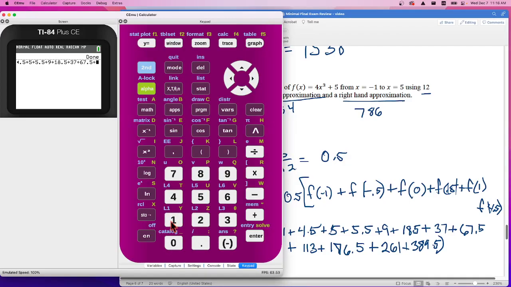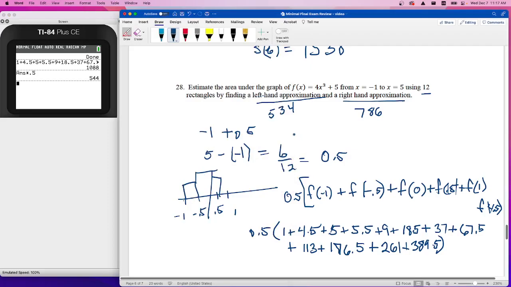Okay. Do have them all here. 176.5 plus 261 plus 389.5. Enter that times 0.5, and we got 544.